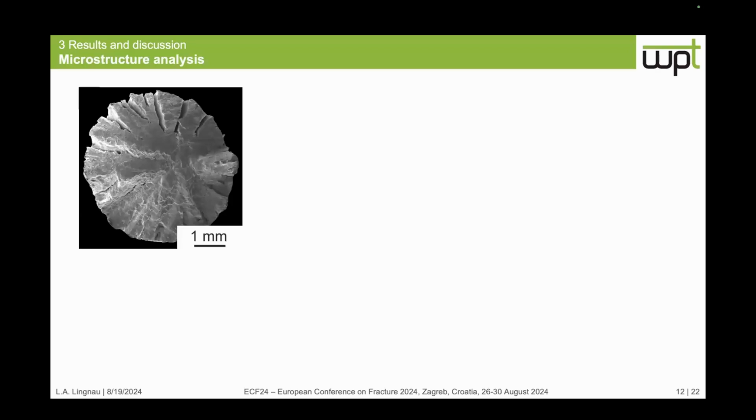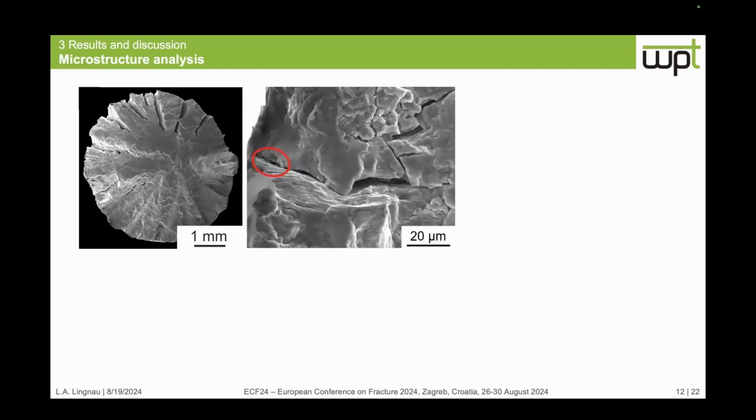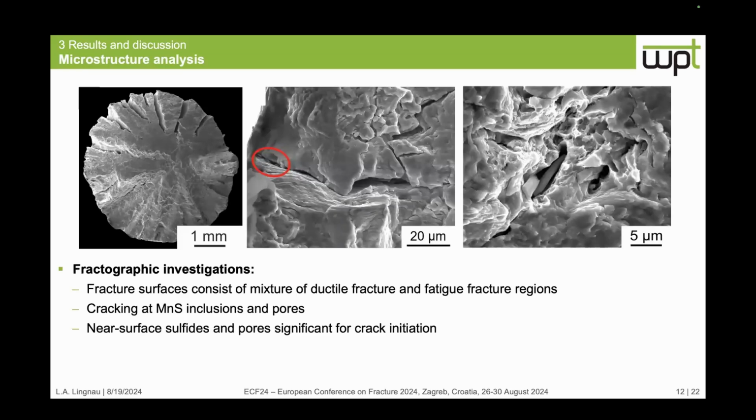This is just an example of a total strain amplitude of 1% and with a phase shift of 90 degrees, where we can see in the near-surface area that the crack initiation is mainly focused around pores or manganese sulfides that are breaking due to the metal forming or due to the fatigue. And on the whole fracture surface, we see open manganese sulfides or a decohesion between the matrix and the sulfides.